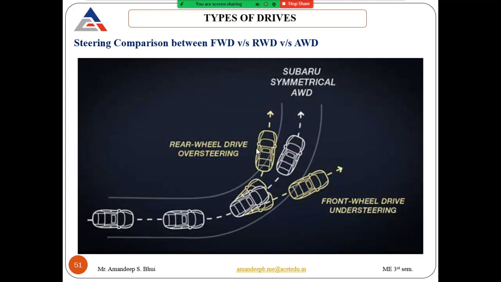In the case of front wheel drive, it will understeer. The more you turn the steering wheel, you will have to move the steering wheel more if you are using front wheel drive. And in the case of rear wheel drive, if you move the steering wheel through only a small angle, it will oversteer and your car will move more onto the left hand side.